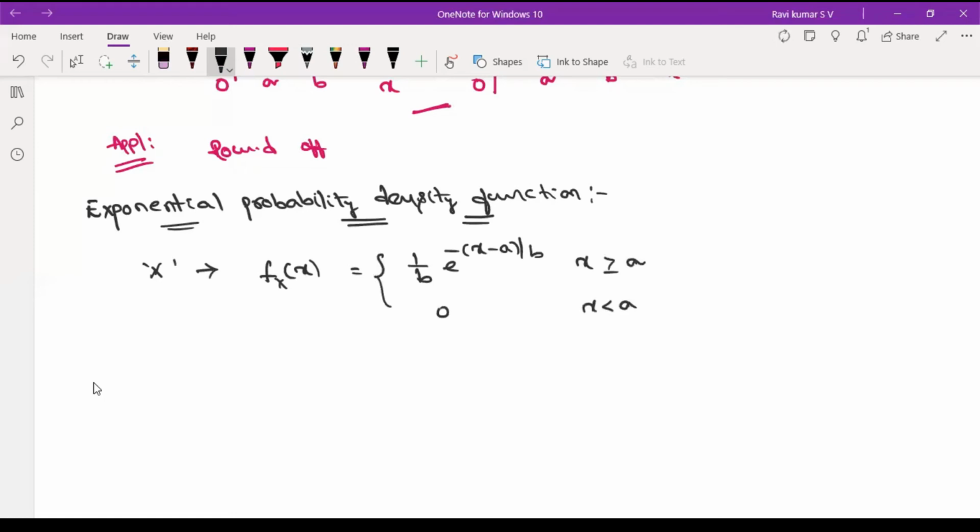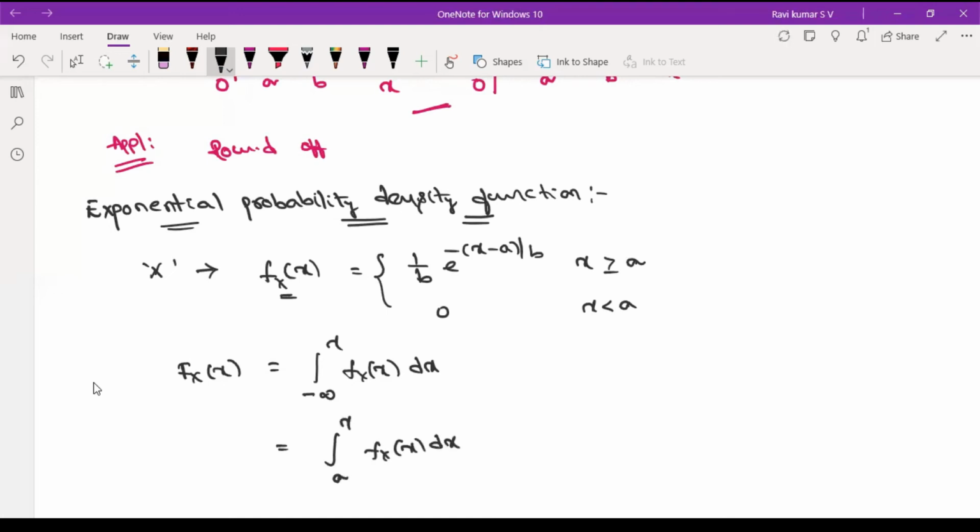Again, we'll follow the same procedure as in the case of uniform density function to derive the distribution function FX of x. So based on the property of density function, I can write FX of x is equal to integral from minus infinity to x of fX of x dx. But the limit for this given density function is from a only, so that's why I am taking the lower limit as a to x of fX of x dx.